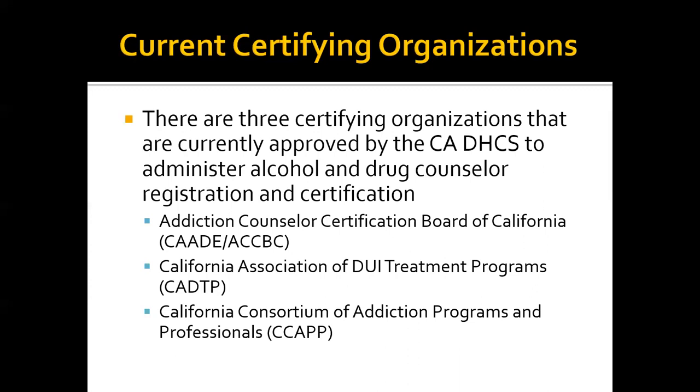CADAC and another organization called CAR were merged into one organization, and they renamed themselves as CCAPP. So CCAPP is CADAC. So the ACCBC, the CADTP, and CCAPP are the 3 credentialing organizations. You can register or certify with any one of those 3.